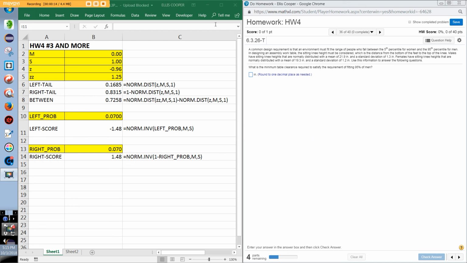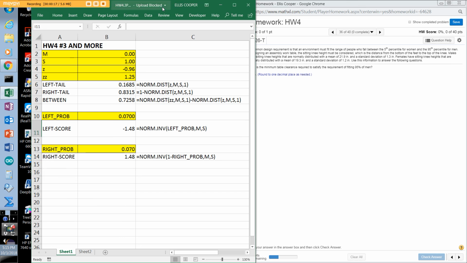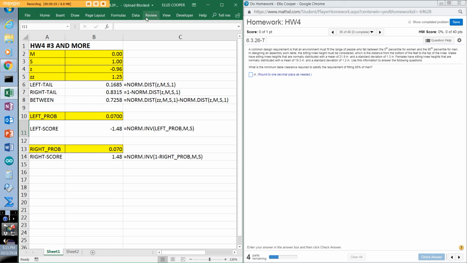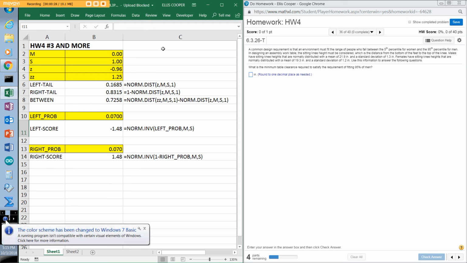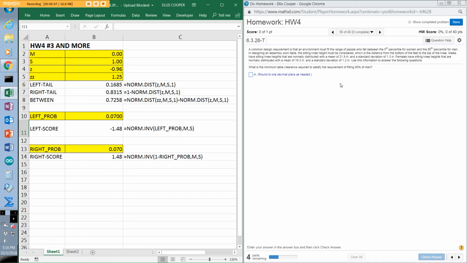There's a file called Hw4.3plus.xlsx, and it's a cheat sheet that does an enormous number of problems involving left tail, right tail, and between probability for normal probability distributions. I'm going to go through this in a little bit of detail, but we did draw pictures for this, and I just want to show you how to take the numbers from the problem and put them into this cheat sheet.